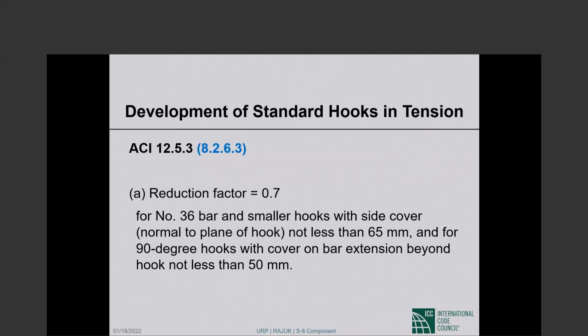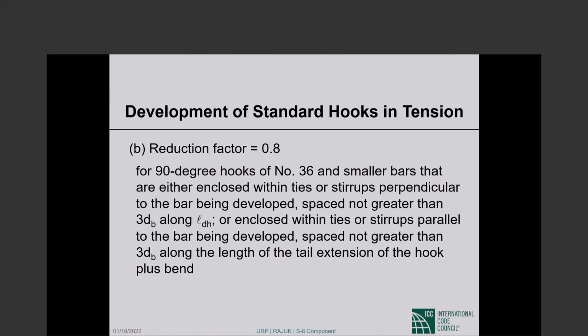Okay, then, so that's one scenario. You may have a reduction factor of 0.8 for 90-degree hooks of number 36 and smaller bars that are either enclosed within ties or stirrups perpendicular to the bar being developed, spaced not greater than 3 diameter along L sub dh, or enclosed. This reading is too much.